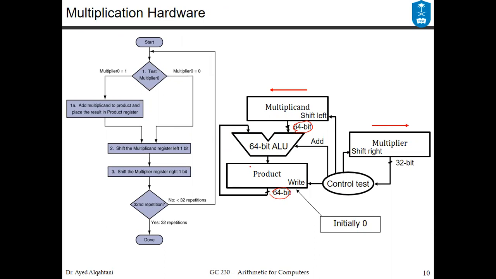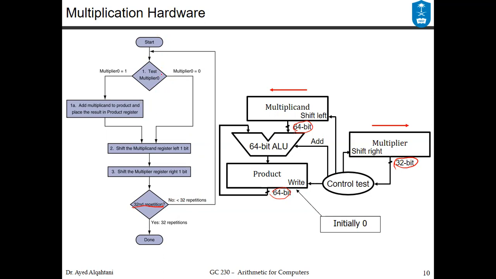But you should also be aware that there is going to be a possible carry out, but we're not going to focus on that at this point. And the multiplier, we use 32 bits, and we always shift it to the right to check the least significant bit, should we continue or not, because we need to do 32 repetitions. We have only 32 bits in the multiplier.